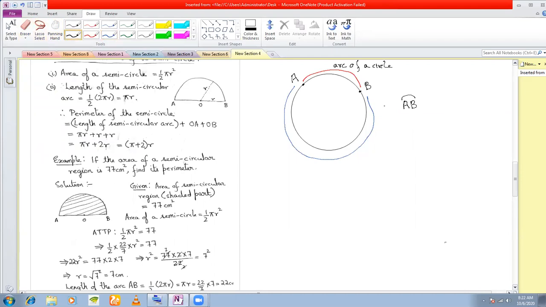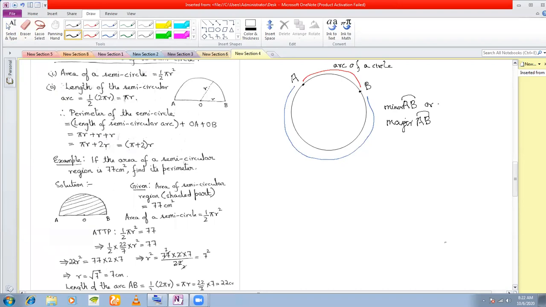So when we are talking about the length that I have shown you in red, we say minor arc. When we are talking about the blue length, then we say this to be the major arc AB.